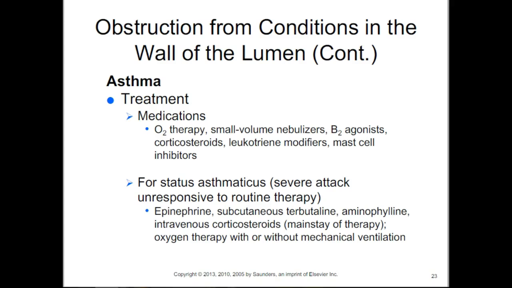For status asthmaticus, right, that severe attack that is very unresponsive to routine therapy, you might see epinephrine, subcutaneous terbutaline, which you can also get in nebulizer form, right, aminophylline, intravenous corticosteroids, and then oxygen therapy, if necessary, even with mechanical ventilation.